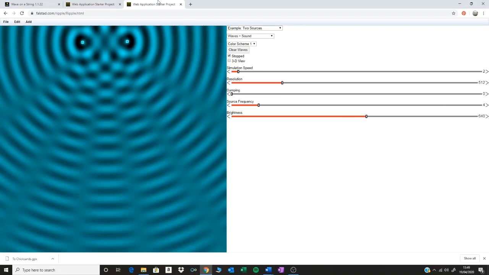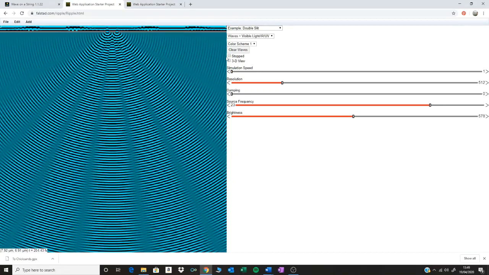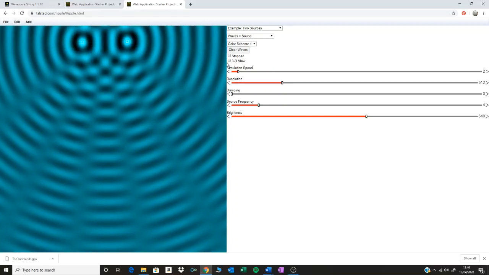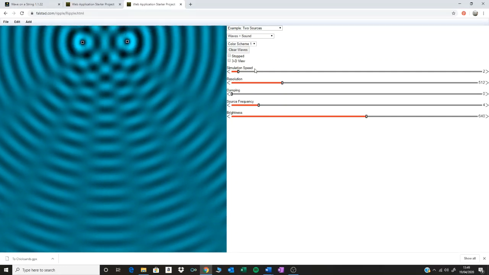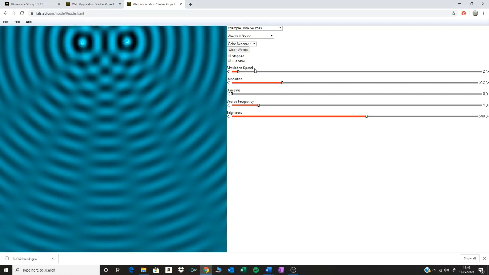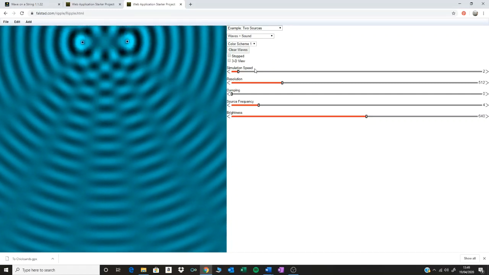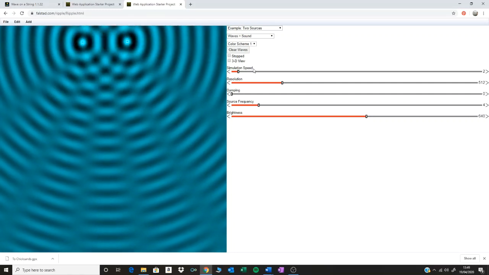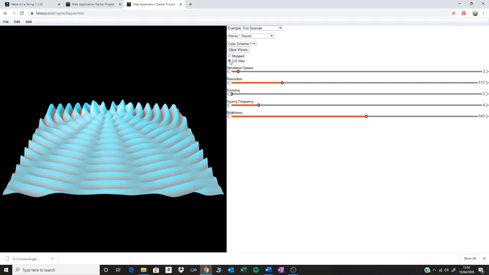So let's go to this one. I'm just going to stop that because it does use quite a lot of computer resources. Here we've got two sources. They're not slits this time, although it doesn't really change the physics in any way. They're just kind of little things dipping in and out of a little pond. And in fact, let's just have a very brief look at the 3D view.